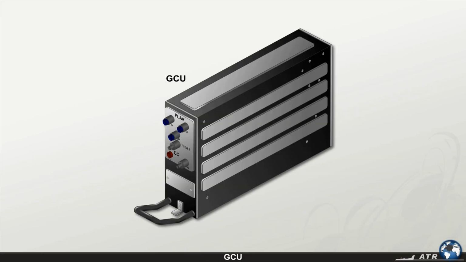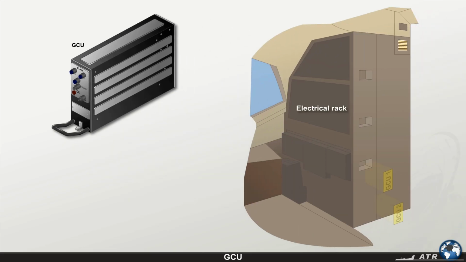The purpose of the GCU, which is mounted in the electrical rack, is to monitor the so-called point of regulation, where the voltage is maintained constant as the load varies.